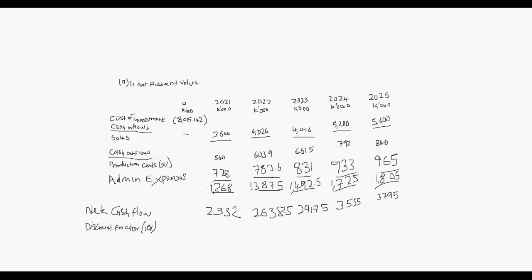Okay, so we are going to discount the cash flows at 20% instead of 10%. You can just change here, change to 20%. The first one will still be at the same amount as that one, discount factor 1.